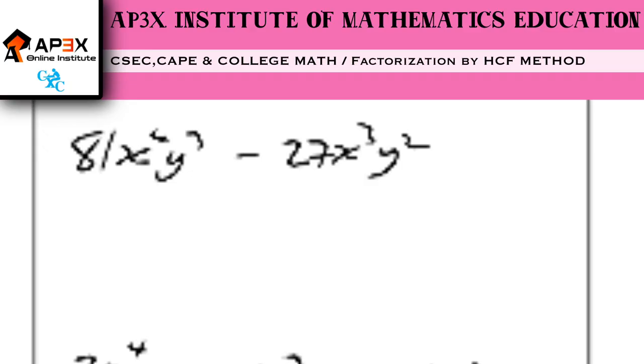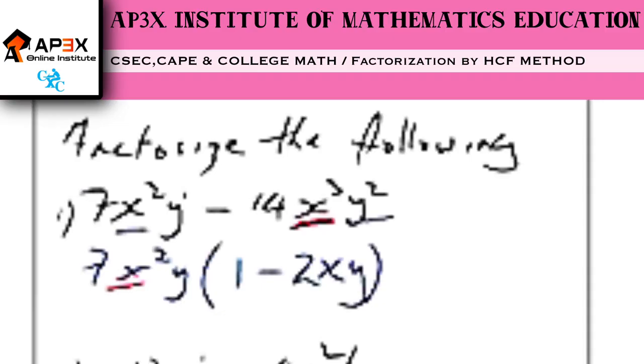And so when you choose a common factor that is not the highest, then you're going to lose some marks by CSEC, because they usually always say factorize completely. So if the question is worth 2 marks, you're going to get 1 because it's not completely factorized.